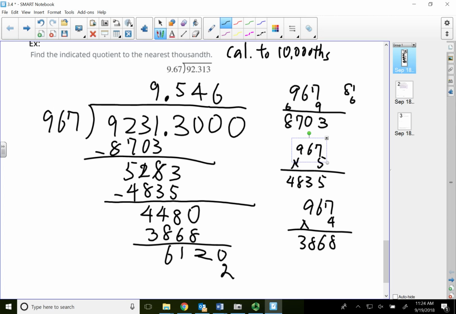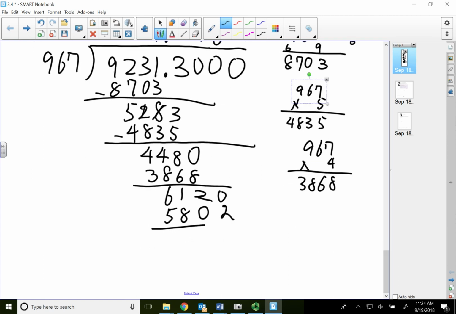Carry 4. 6 times 6, 36 plus 4 is 40. 9 times 6, 54 plus 4, 58. That's 8. That's 1. That's 3. So bring down the 0.